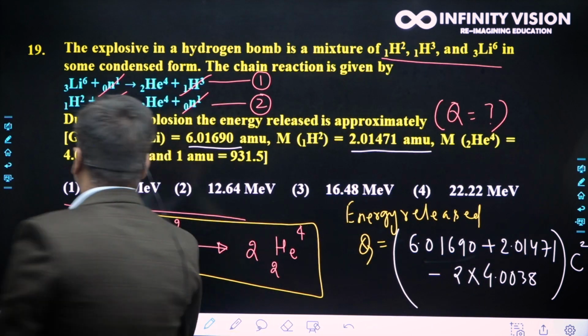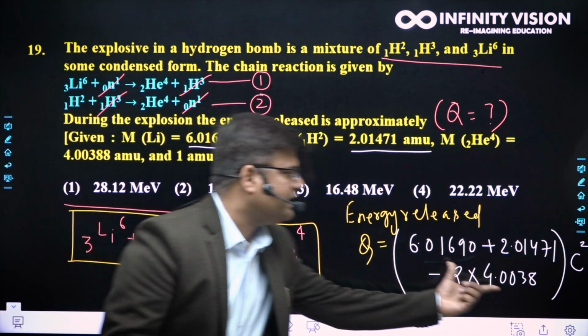Mass defect gives energy equal to delta m C square. So this is the mass defect and C square.